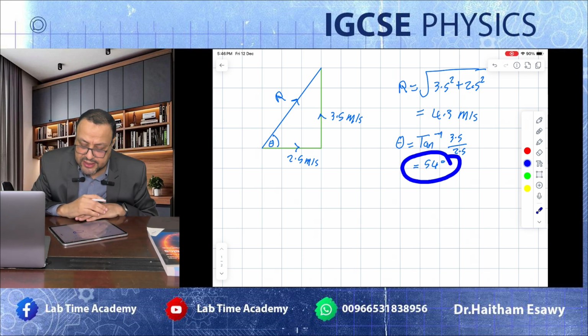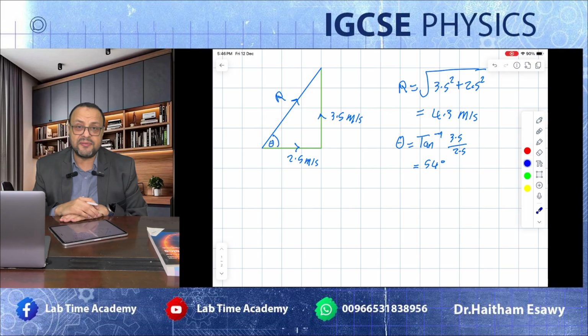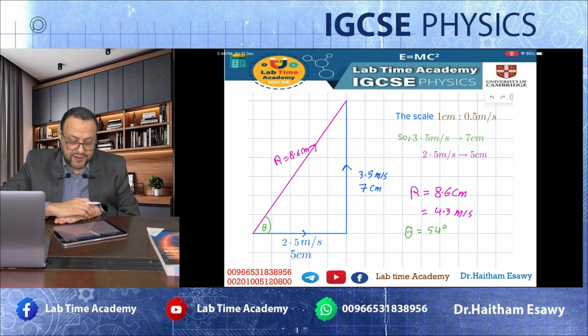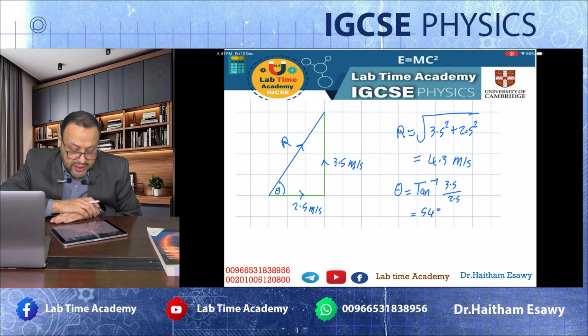You obtain the same result, which is 54 degrees. So this will be the answer. This is the first method to get the resultant by using the graph. By graphing, you can get R and also theta. And this is the second, using the Pythagoras theorem to get R.